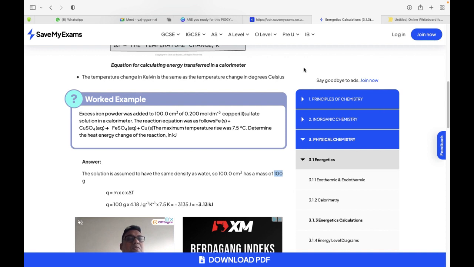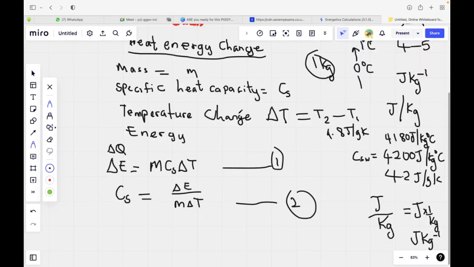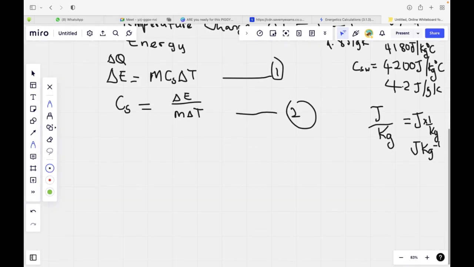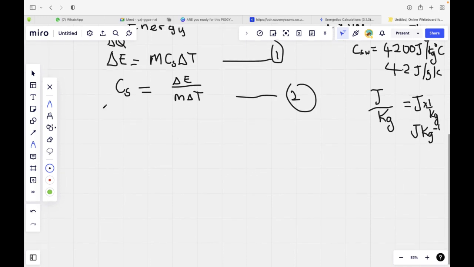If the density is 1 gram per centimeter cube and the volume is 100 centimeter cube, we can get the mass in gram. This is one assumption they made for this calculation, that the density of this solution is the same as that of pure water. I told you we can make such an assumption.